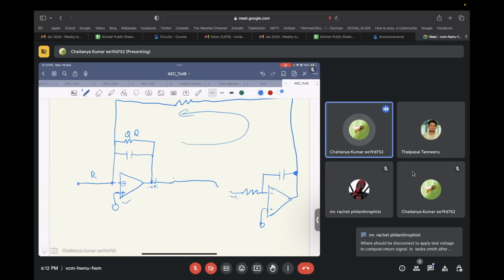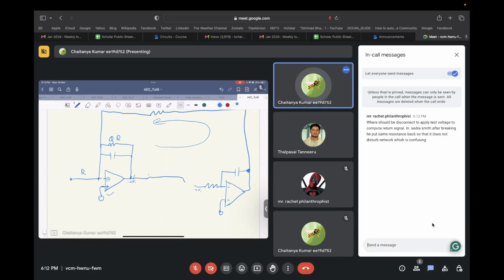Where should we disconnect to apply the test voltage to compute the signal? Generally, you should take a high impedance. In Sedra Smith, he has put some same resistance back, because if you want to calculate the actual loop gain, you should make sure the transfer function, the structure of the circuit, doesn't change. But if you are just doing a quick computation of signs, and you know there is a passive element, it is not going to impact the sign of the signal.